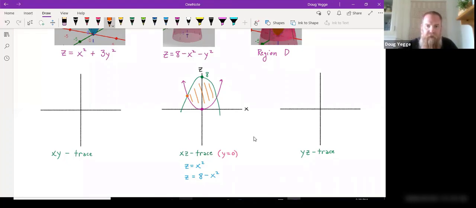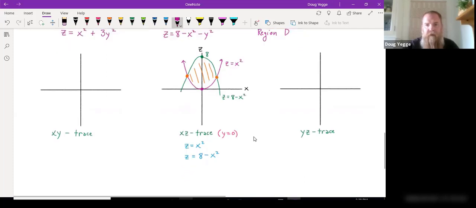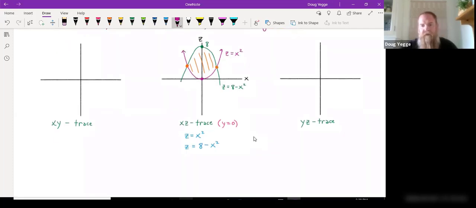What's most important here are what these intersection points are. First of all, this green function is z equals 8 minus x squared. We could see that the purple function is just z equals x squared. But now let's say that we wanted to know where these functions crossed. Well, we just have to do a little bit of algebra by setting these two functions equal.